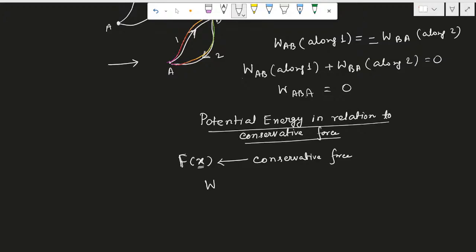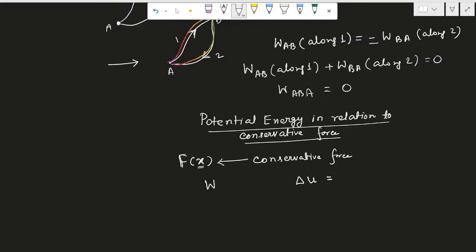It does work W. That means this force is applied on an object and the work done is W. The change of potential energy is delta U. We know that the change in potential energy is equal to the negative work done by a conservative force. It is always true.